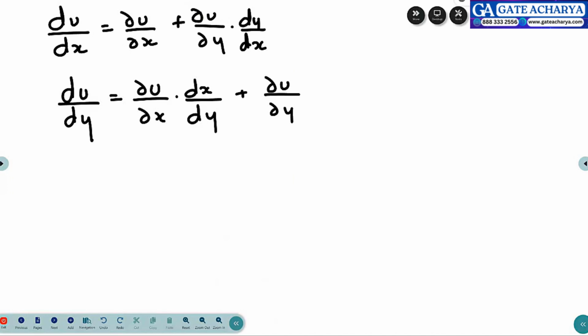Next, this same idea can also be extended to the chain rule in partial derivatives. So how does the chain rule in partial derivatives work? Let's say u is a function of x comma y, the original definition.